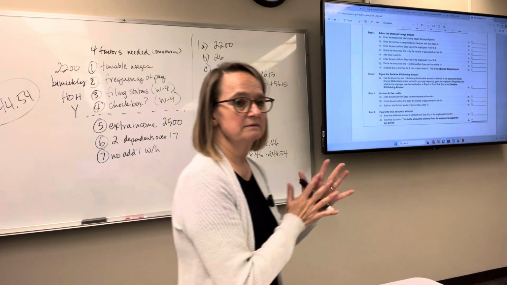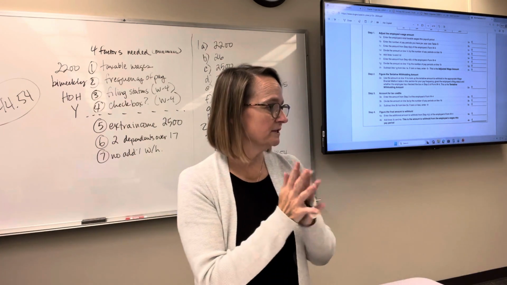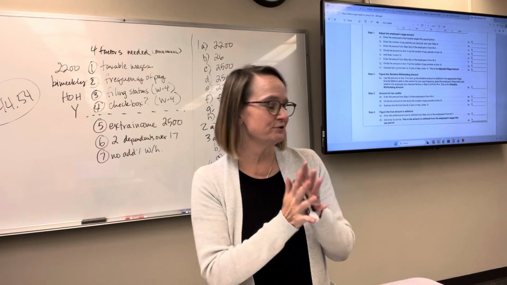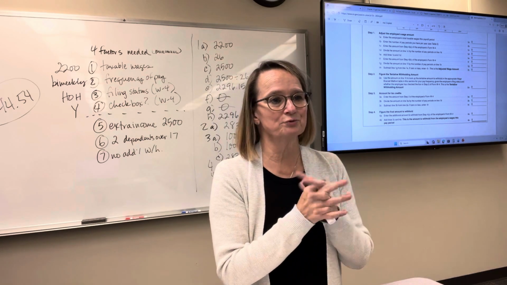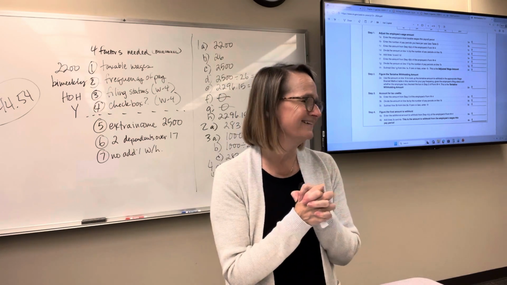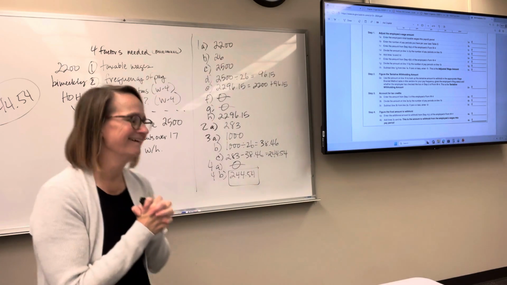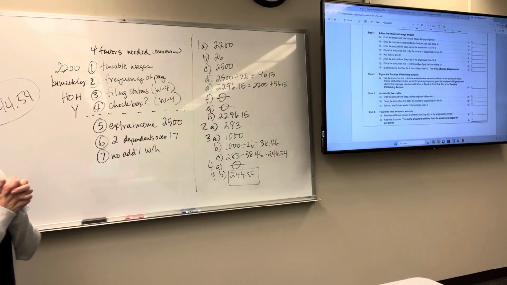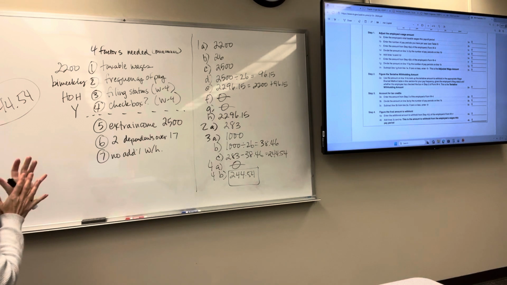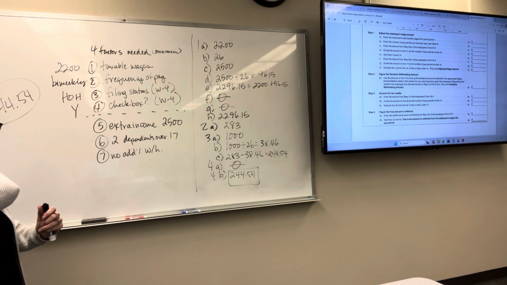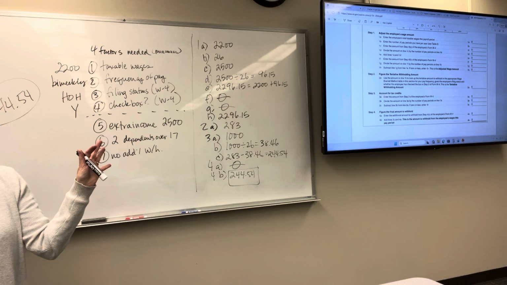Maybe they go to the casino a bunch and they go to different casinos so they don't reach the $600 threshold where they'd have to get a 1099. I don't know. They think they're going to win $2,500. I don't know. So, all right, questions about this process?